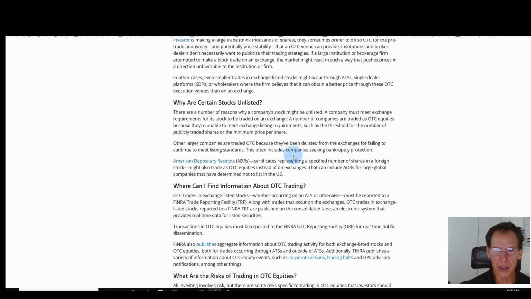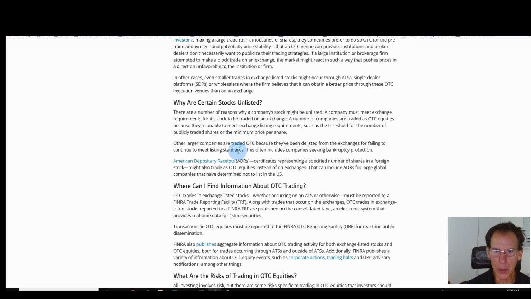Why are certain stocks unlisted? There are a number of reasons why a company's stock might be unlisted. A company must meet exchange requirements for its stock to be traded on an exchange. A number of companies are traded as OTC equities because they're unable to meet exchange listing requirements, such as the threshold for the number of publicly traded shares or the minimum price per share. Usually, that means the company is financially in trouble.